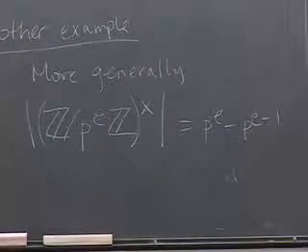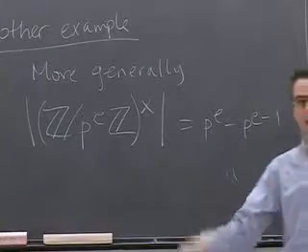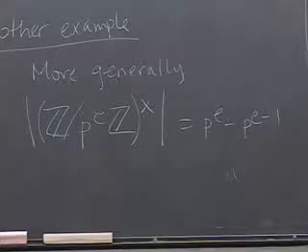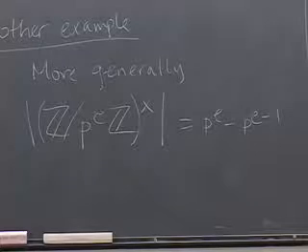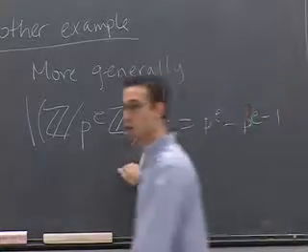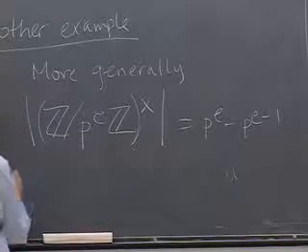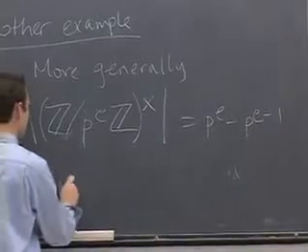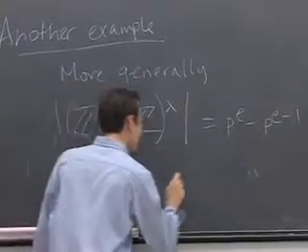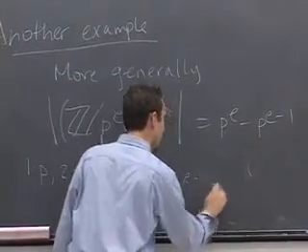So the answer he gave makes a sort of reference to some number theoretic background. But there's a very simple combinatorial way of seeing why that's true. This is everything except the multiples of p. What are the multiples of p? The multiples of p are 1 times p, 2 times p, 3 times p, up to p to the e minus 1 times p.